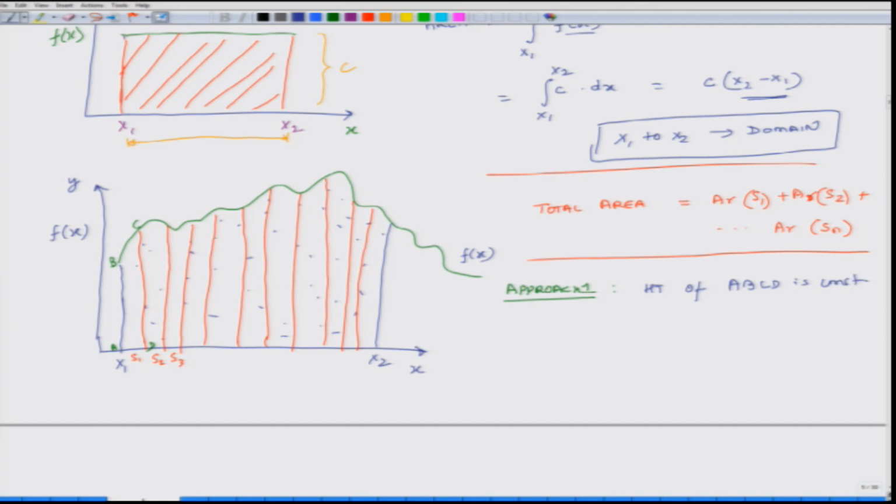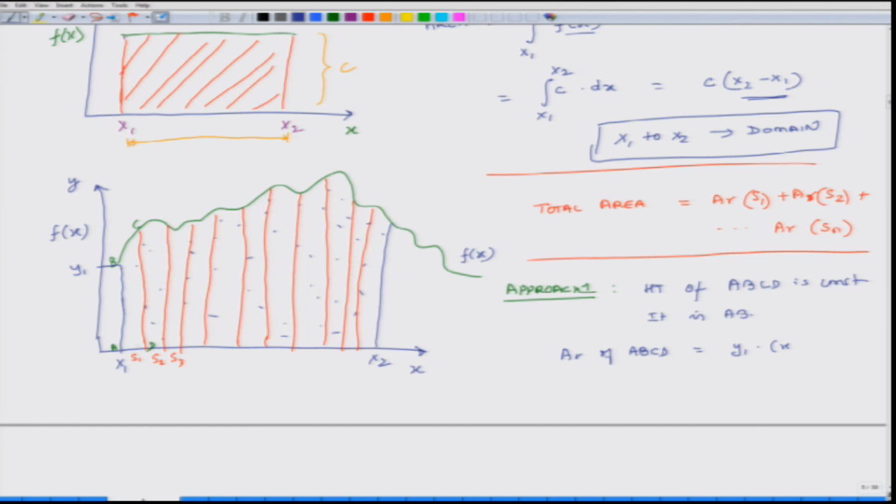Suppose I assume that. If that is the case and AB, let us say this value of AB is y1, then the area of ABCD is equal to what? Y1 times x.